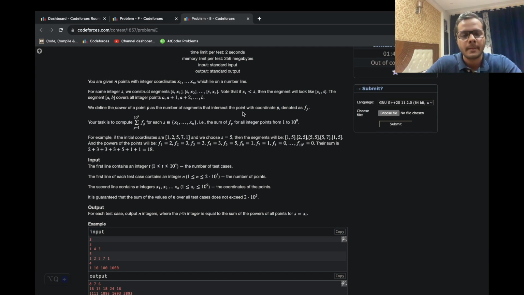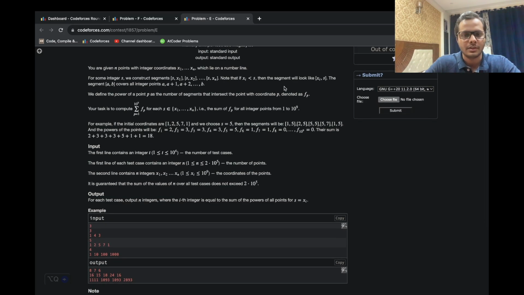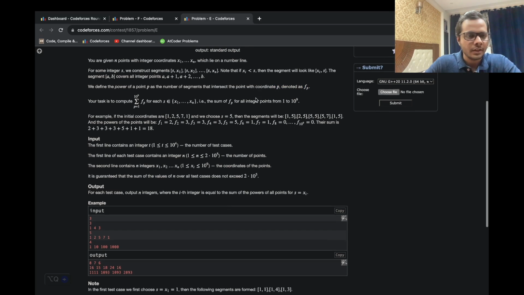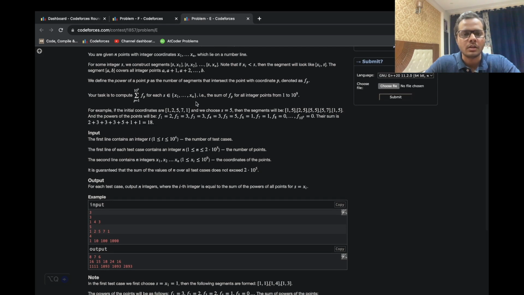So basically the number of segments in which the point P lies, right? They could have written it in a much better way. So your task is to compute FP for all the numbers from 1 to 10 raised to the power 9. Okay, that makes sense. There is a sum of FP over all points from 1 to 10 to the power 9.